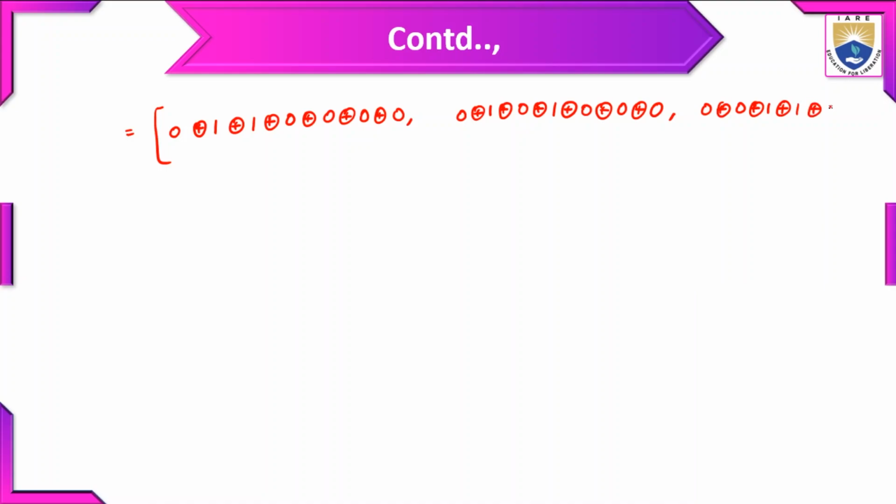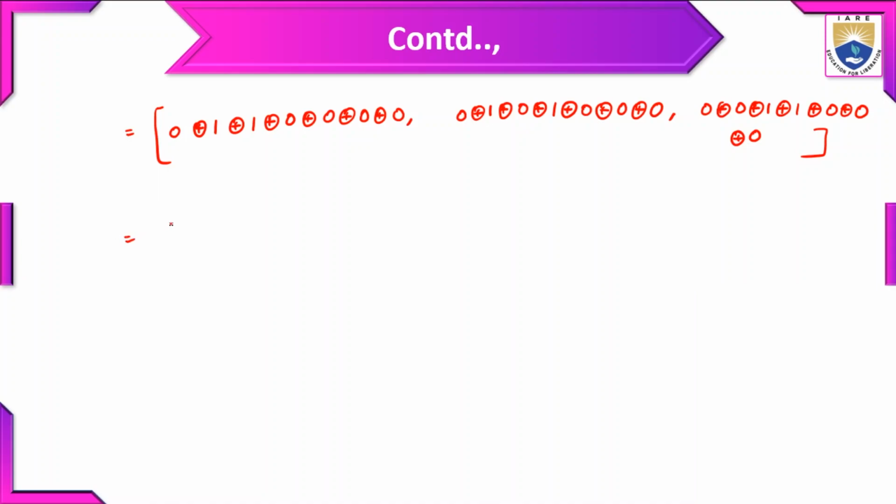XOR 0 into 0, 0. XOR 0 into 0, 0. XOR 0 into 1, 0. So we are getting 1 by 3 size, only a single row with 3 column elements.